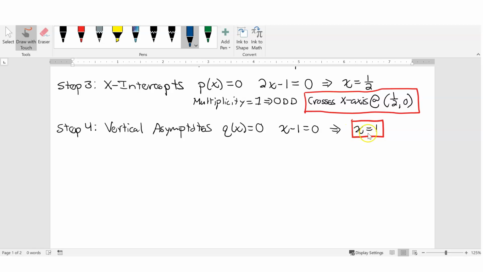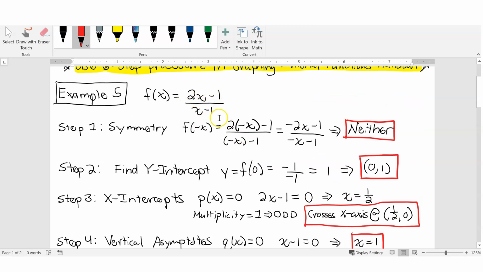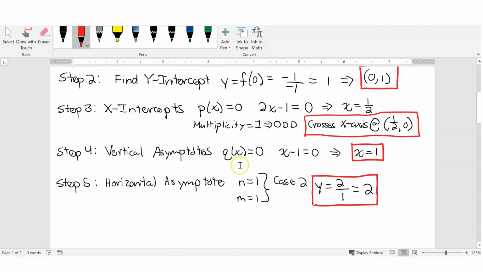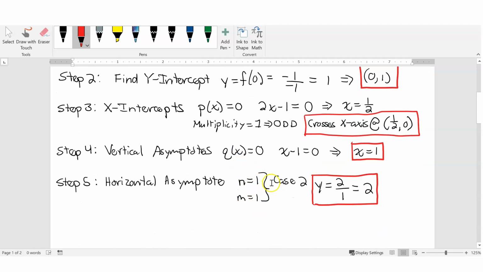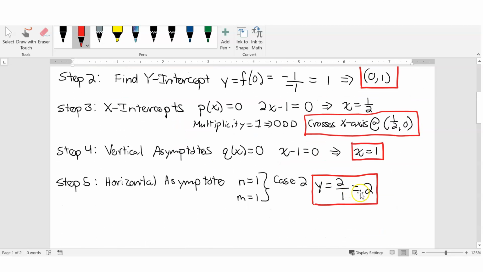Solving that, we get a vertical asymptote at the line x equals 1. In step 5, we find the horizontal asymptote. And looking at our function, we see the degree of the numerator and denominator are both the same, a value of 1. That's our case 2. So the ratio of the leading coefficients would be 2 over 1. So our line for the horizontal asymptote is y equals 2.